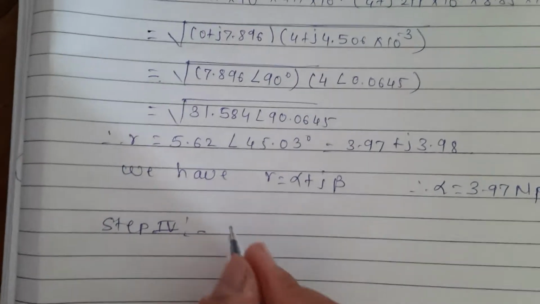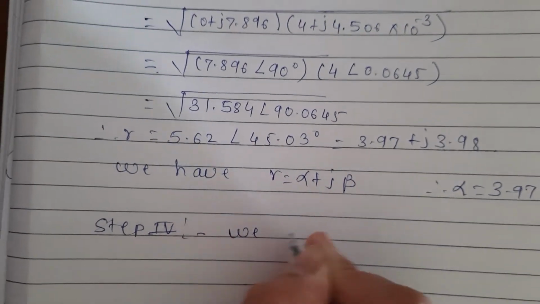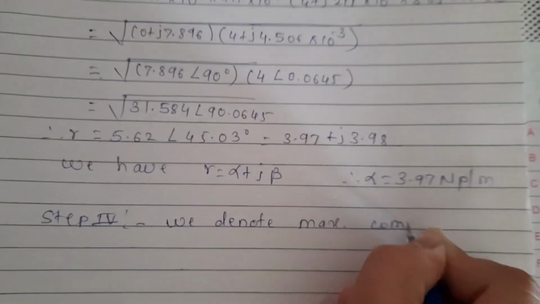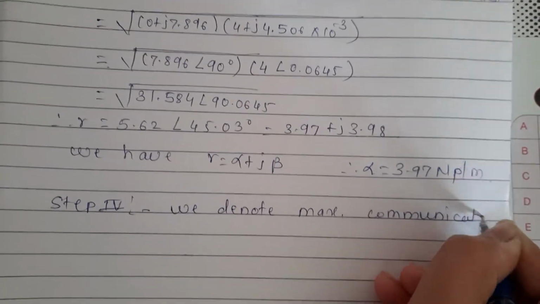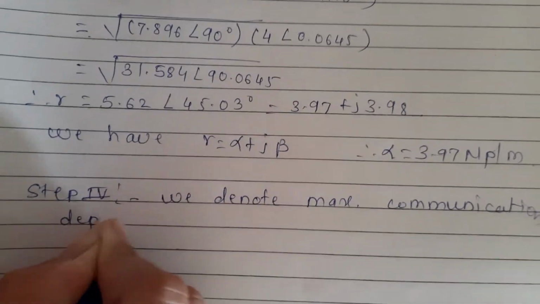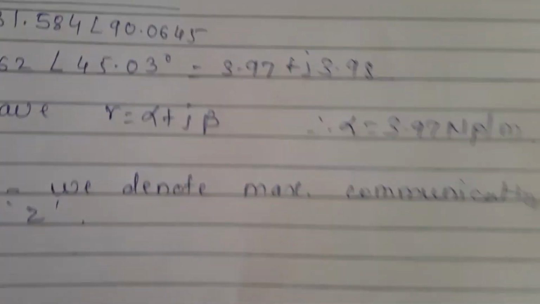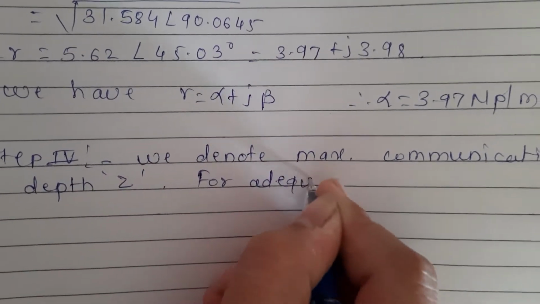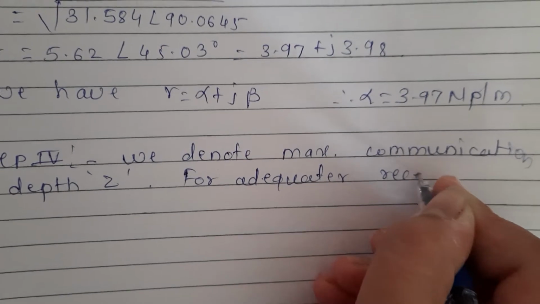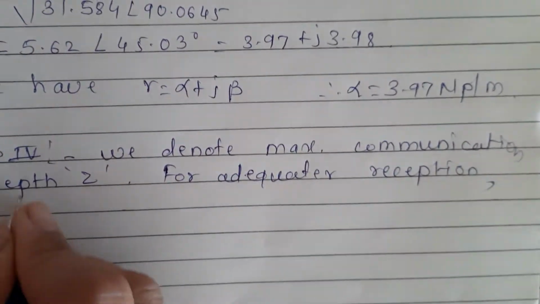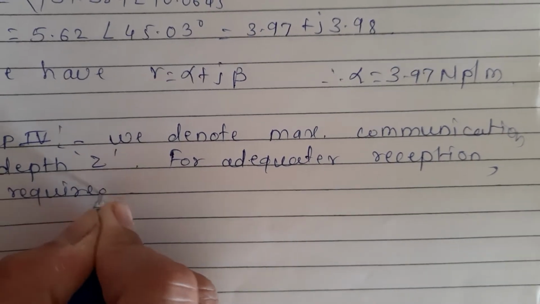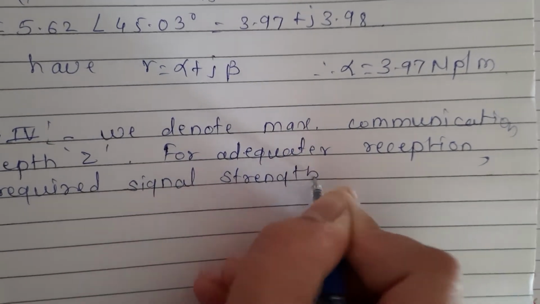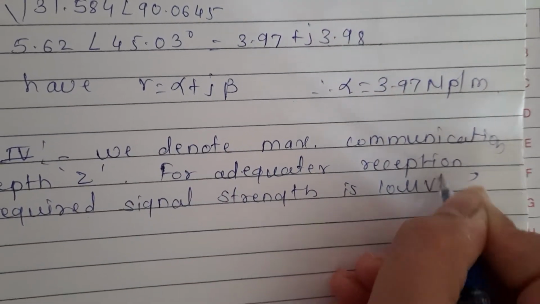Step 4 is we denote the maximum communication depth by Z. Now for adequate reception, the required signal strength is 10 microvolt per meter.